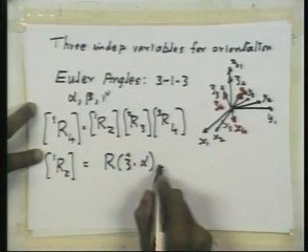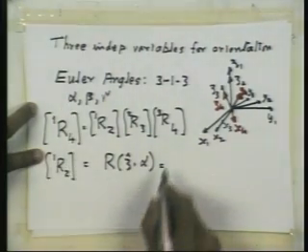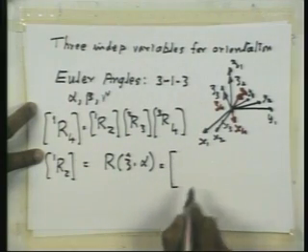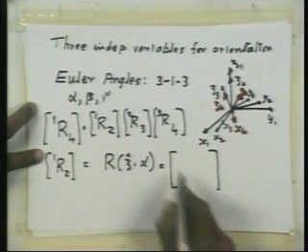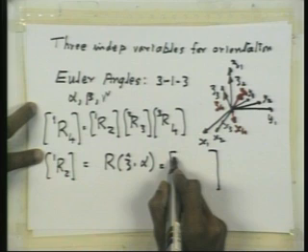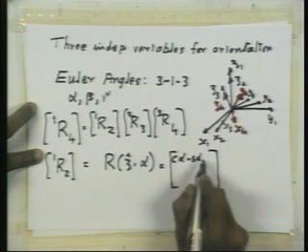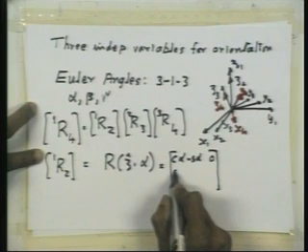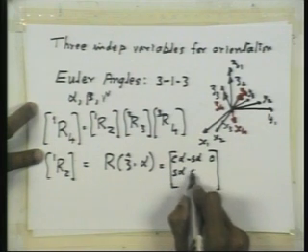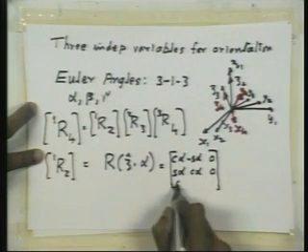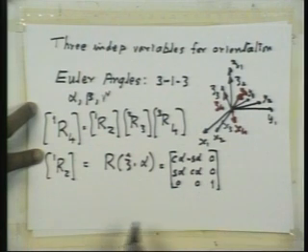This is something we had derived earlier. If you look at the elements, this is cos alpha, minus sin alpha, 0; sin alpha, cos alpha, 0; 0, 0, 1.